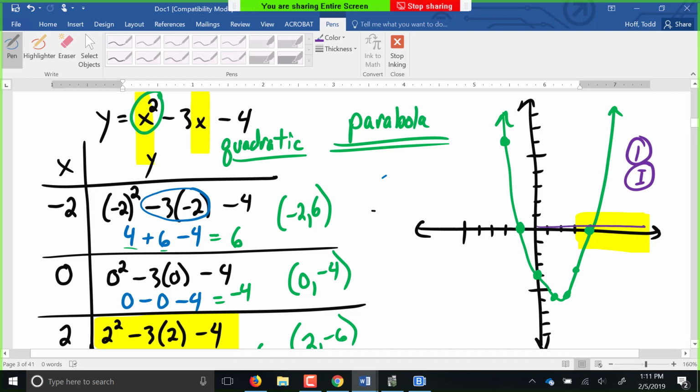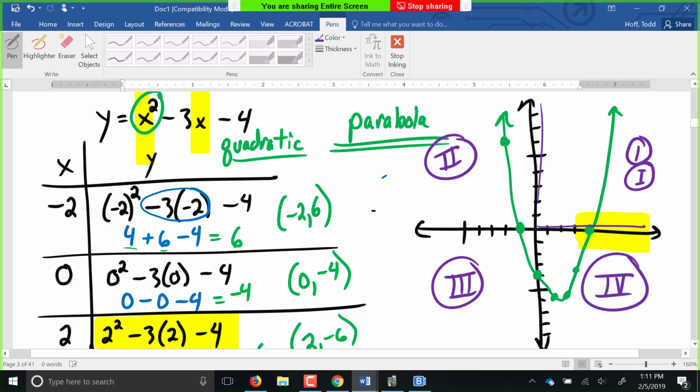Both the horizontal and vertical variable are positive there, or if you're using x and y, both x and y are positive. From there, it really doesn't matter which direction we go, whether we went clockwise or counterclockwise. But there are other things in math where we go clockwise around, like for trig and stuff like that on the unit circle. So this is referred to as the second quadrant, third quadrant, and fourth quadrant.